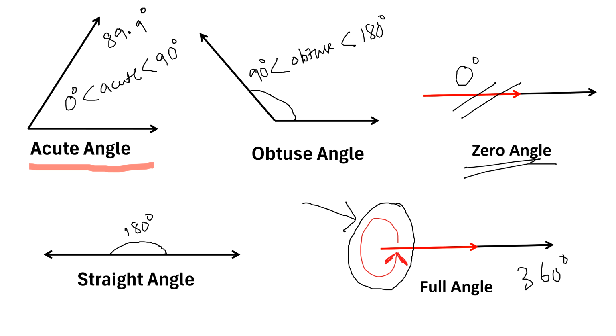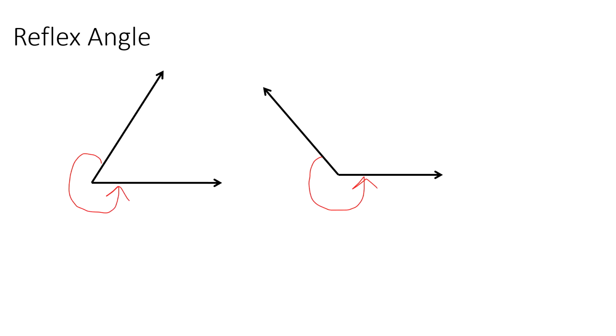Now, one of the most important angles, the seventh one, is the reflex angle. You will see that this reflex angle is found in almost every other angle that is formed. For example, you see this one is an acute angle. This is acute. Reflex angle is exactly at the back. This is reflex angle. Now, what is the definition?